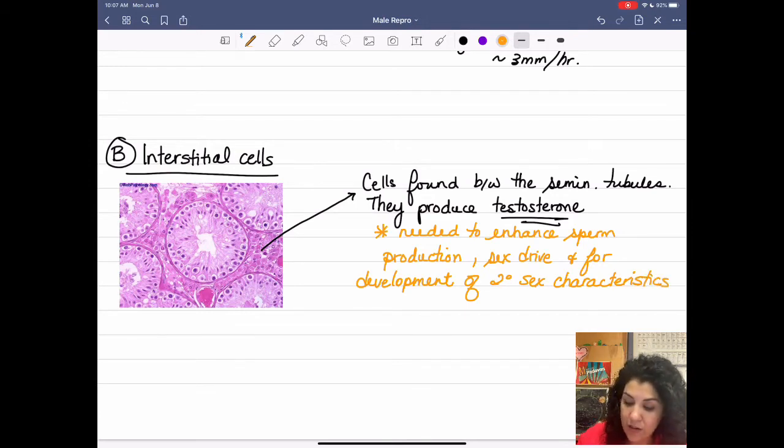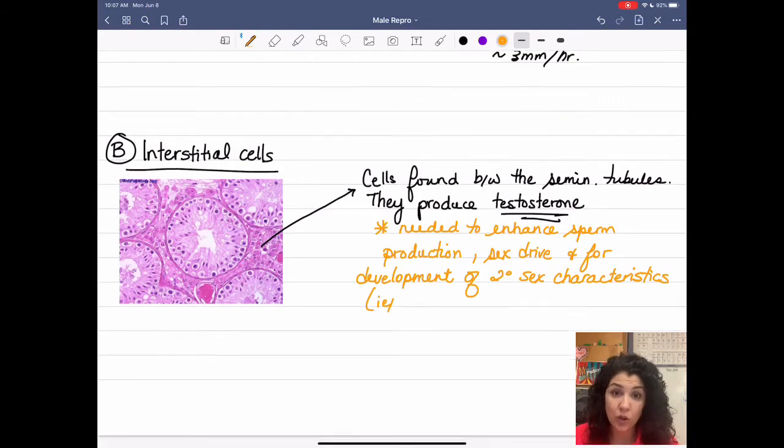So the secondary sex characteristics are different from your primary. Your primary sex characteristics are your genitals, right? Baby comes out, we look at baby, and we can tell just by looking at the outside plumbing if it is a boy or a girl, right?